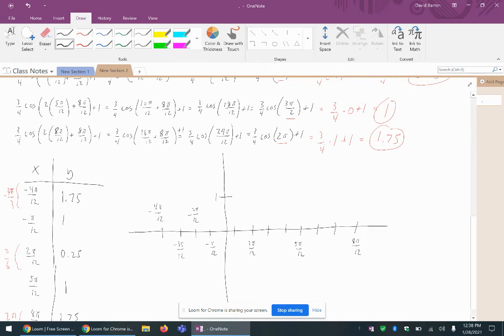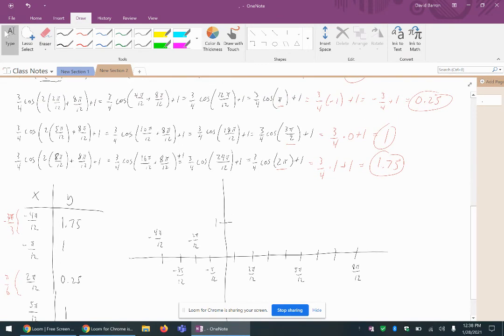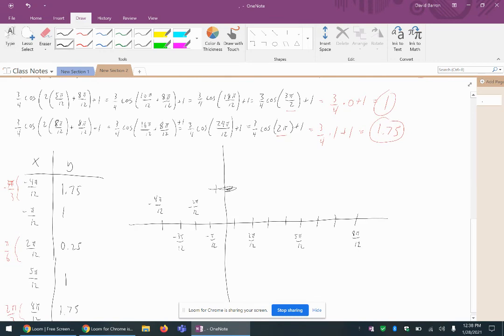Say that this is going to be 1. I need a little bit more room. One, 2. Okay, and then let's plop some coordinates on here. Negative 4 pi over 12 is at 1.75.